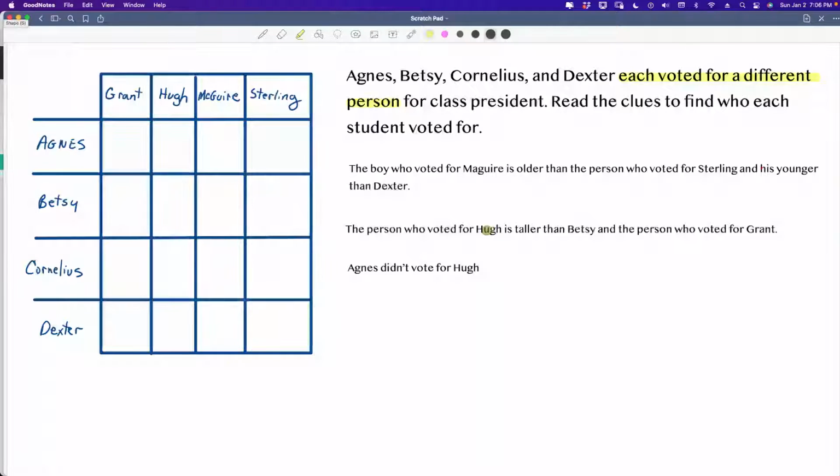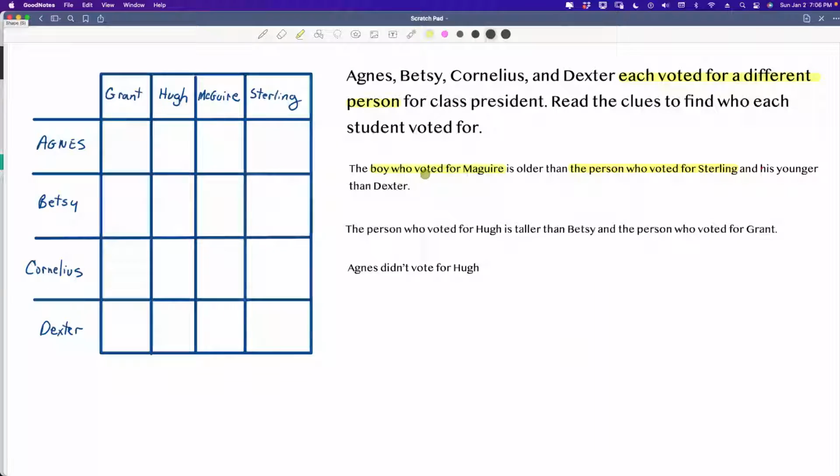The boy who voted for McGuire is older than the person who voted for Sterling and is younger than Dexter. Okay, so there's two people being mentioned here. Well, really three people. The subject is the boy who voted for McGuire. Okay, that's our subject. And he is older than the person who voted for Sterling.